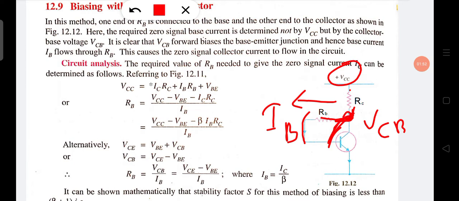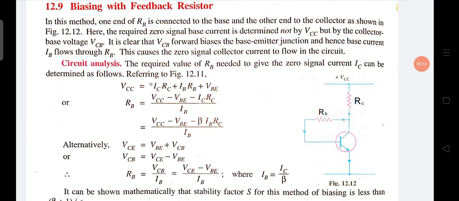The required amount of RB, and the zero signal collector current flowing in the circuit, is determined according to the circuit analysis.